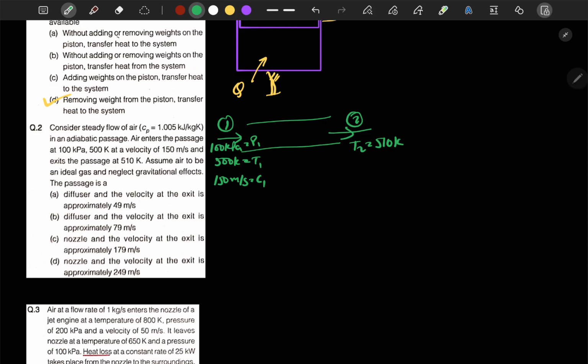So we can directly use the steady flow energy equation here to calculate the exit velocity.